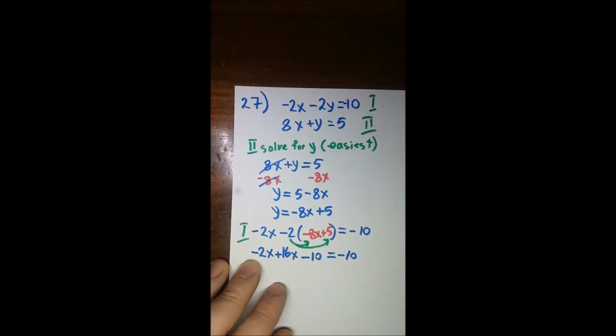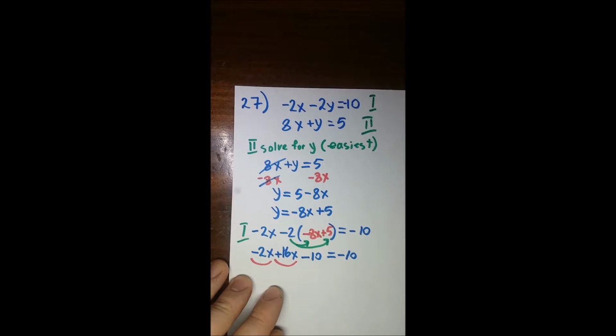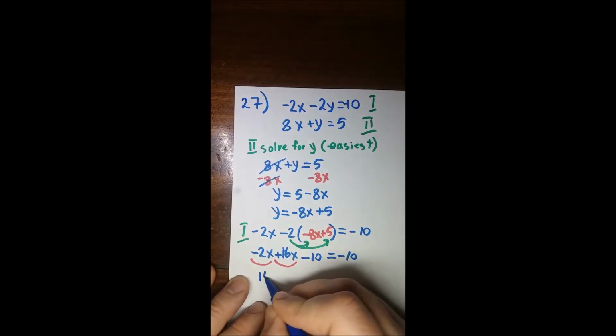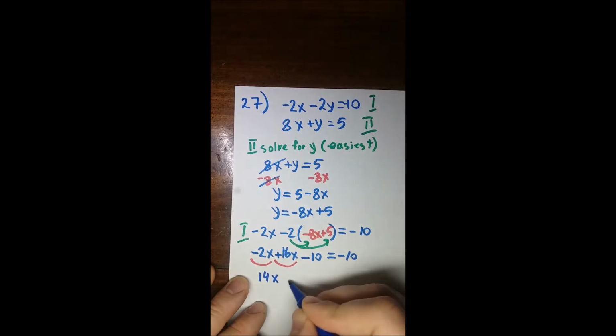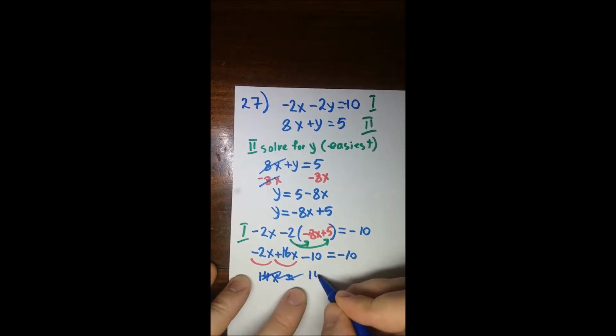Now we need to combine like terms. Positive 16 and negative 2. 16x and minus 2x gives you 14x, I'm sorry guys, 14x minus 10 equals minus 10. Next step is to add 10 to both sides.